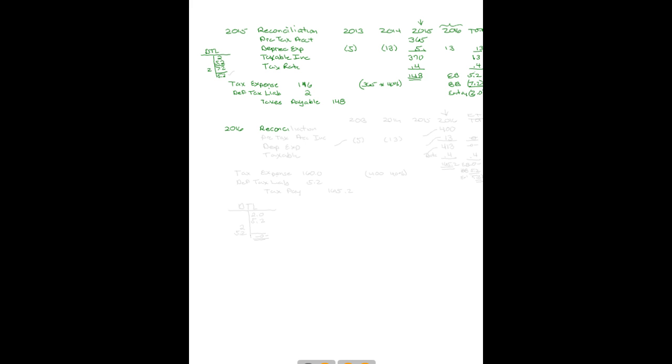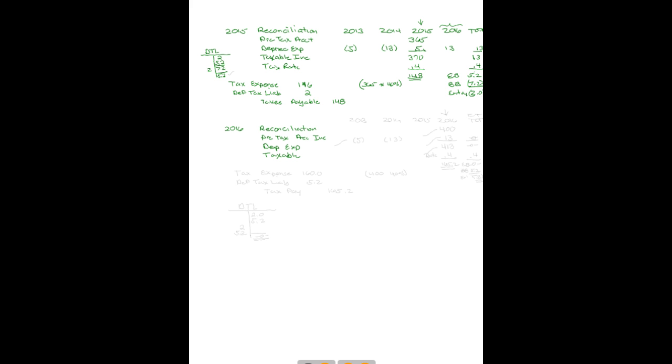2016, our reconciliation. We'll start with pre-tax accounting income. Adjust it for that depreciation expense, which is now reversing out, to compute taxable income.